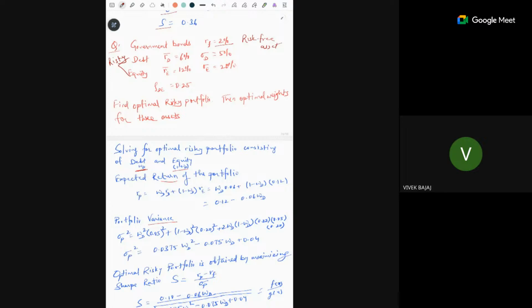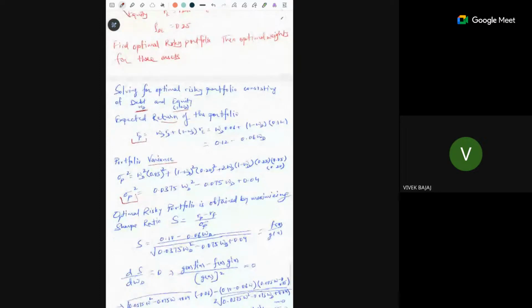If you use these values, you can calculate the expected return of the portfolio, and you can calculate the portfolio variance by this formula. You get sigma p square, you get RP, and you can calculate the Sharpe ratio, that is RP minus RF divided by sigma p. So this is the Sharpe ratio.